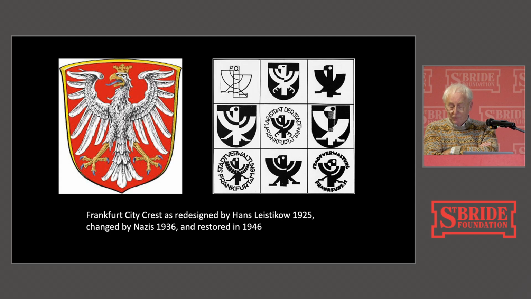He was a very committed communist and prepared the designs for Frankfurt using a block type simplification of the eagle and sans serif typeface. In 1933, he left and spent the next 12 years in the Soviet Union, during which time Frankfurt returned to its much more explicit symbol of Frankfurt with claws thrown out.